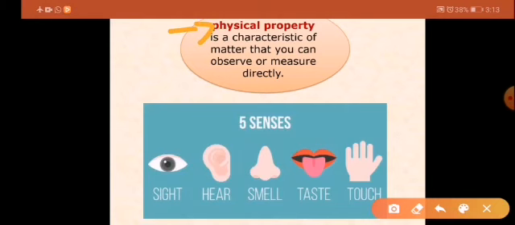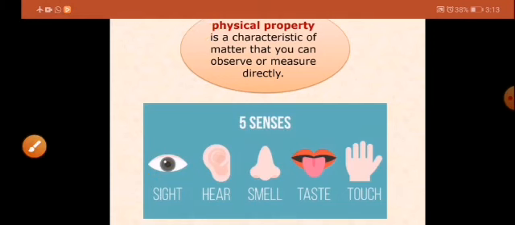It means that we can describe how matter looks by using our five senses: sight, hearing, smell, taste, or touch. We can describe this physical property of matter by using our senses.